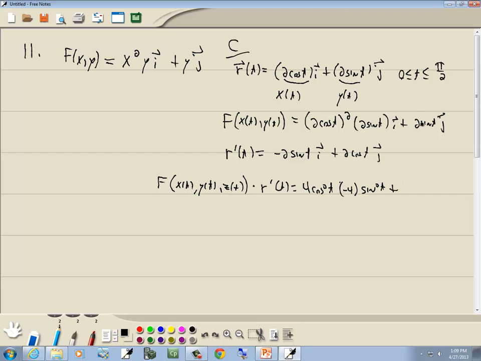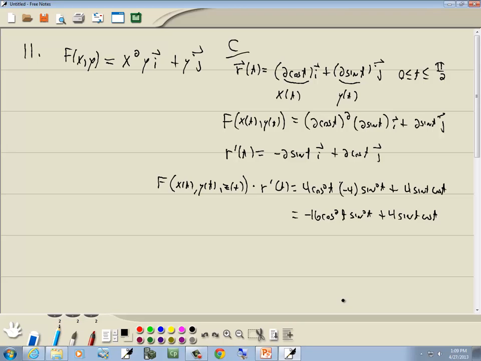Plus, then we multiply what's in front of our j's. So 2 times 2 is 4 sine t cosine t. Well, 4 times negative 4 is negative 16 cosine squared t sine squared t plus 4 sine t cosine t.